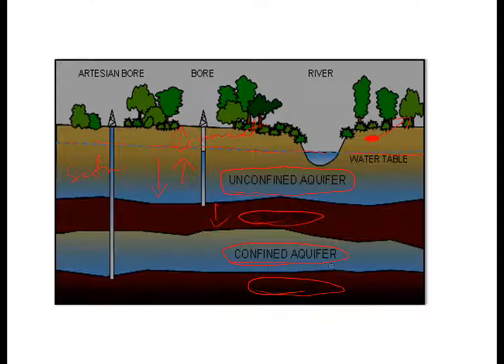That's why it's called a confined aquifer. Because of this, the pressure also increases as the water level increases. When we dig a bore here, this becomes an artesian well. And the confined aquifer can move up or down depending upon the water availability at the ground surface.